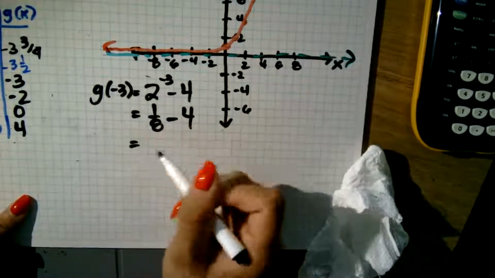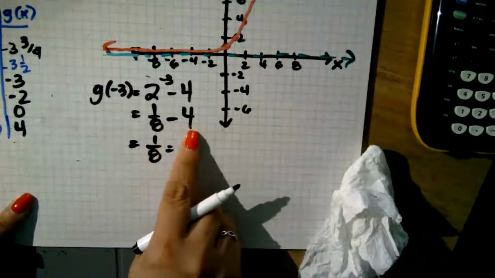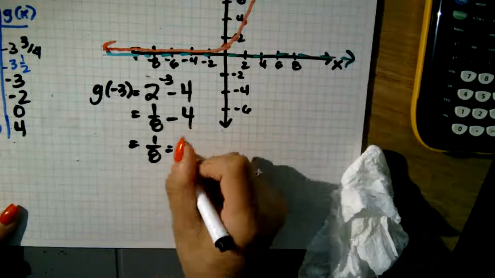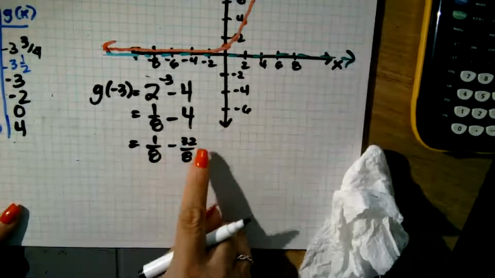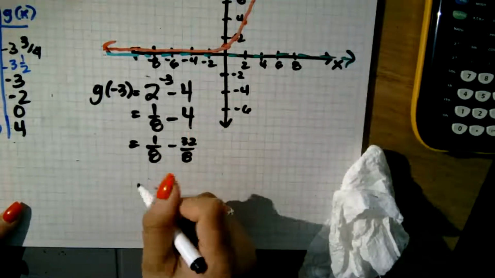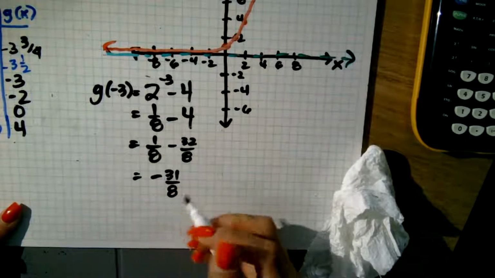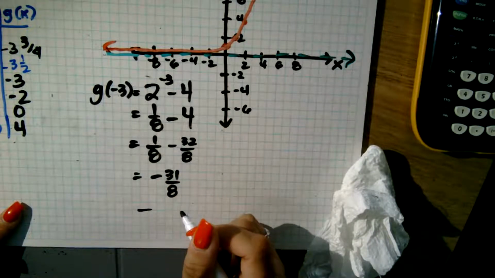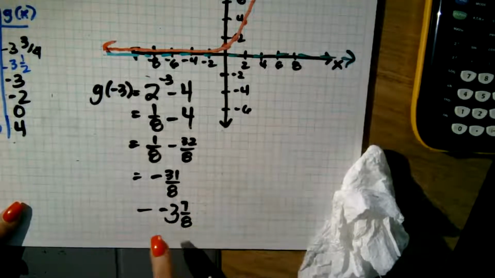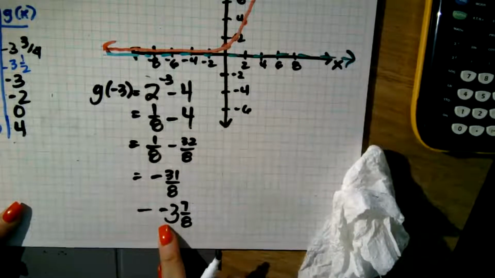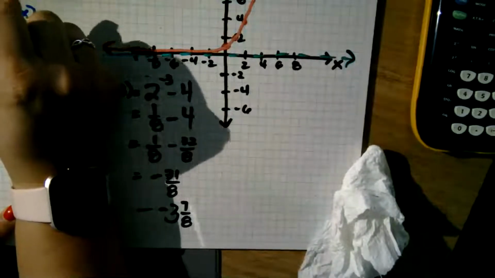How can I turn this 4 over 1 into 8s? 32 eighths, because 32 divided by 8 is 4. So this gives me negative 31 over 8, which is negative 3 7/8. Let's see, 8 times 3 is 24, plus 7, 31. So I have negative 3 7/8.